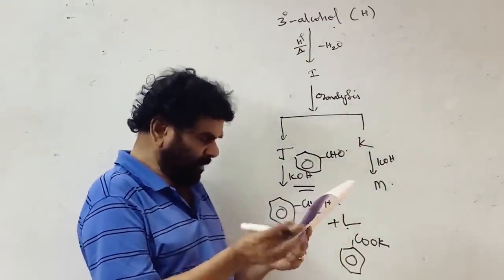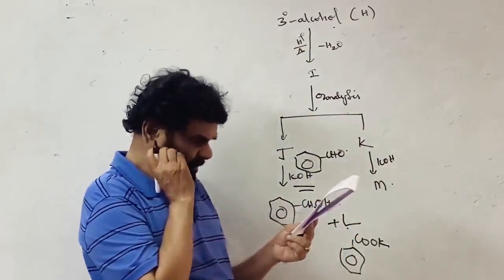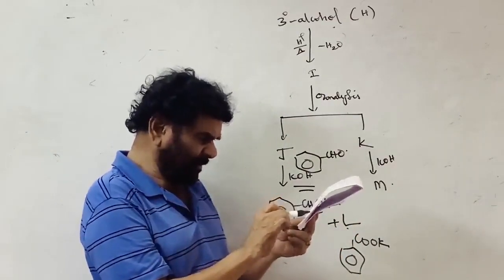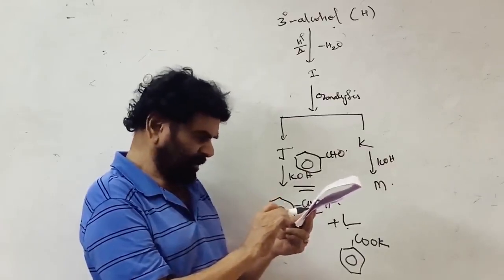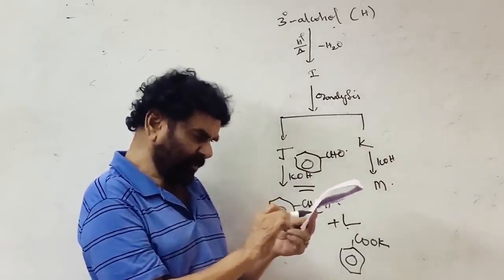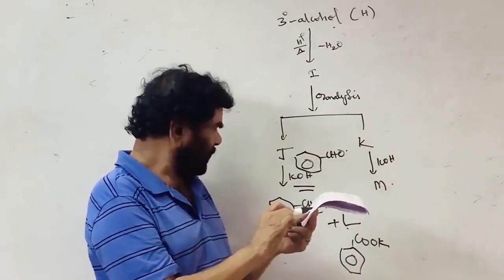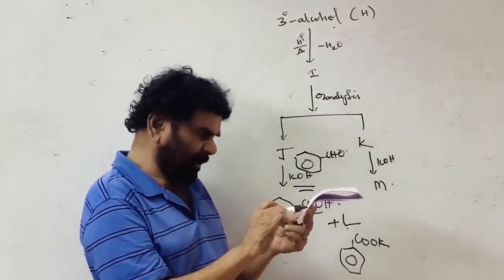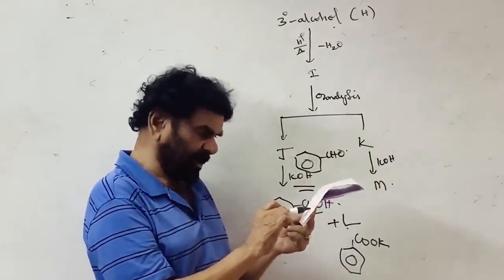J with KOH, benzyl alcohol is formed. Yes. Benzaldehyde, benzoic acid. Yes. J is the benzaldehyde, and L is the potassium salt of benzoic acid.